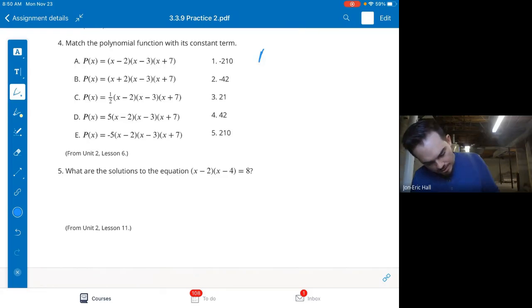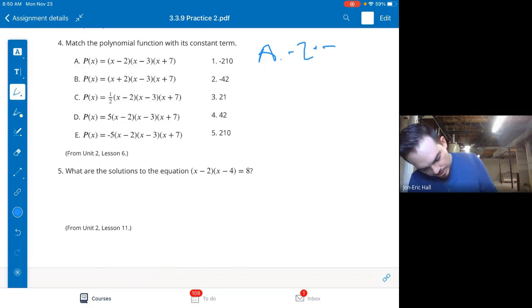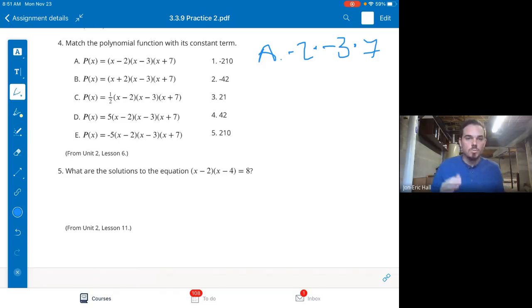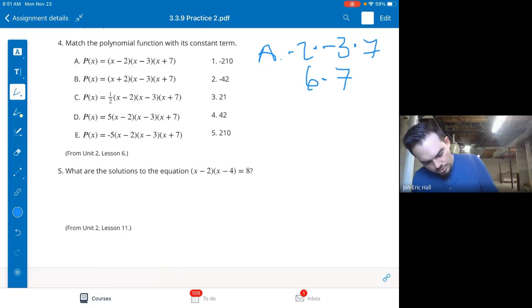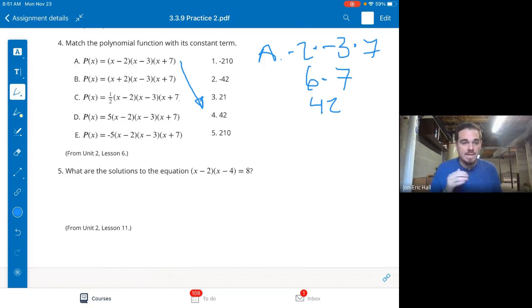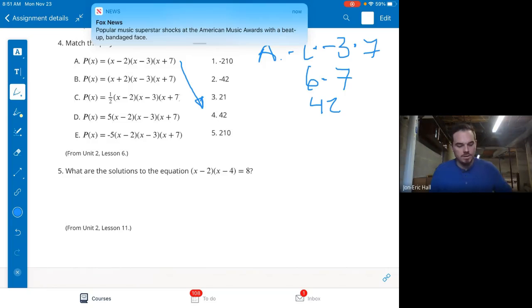So for A, if you multiplied -2 times -3 times 7, that will tell you which one of those is going to be your factor. So that would be 6 times 7, which is 42. So A matches with 4. And again, that's the shortcut. Multiply the last term in each linear function.